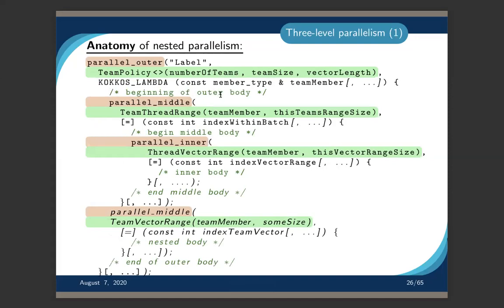Because you already have access to the thread ID itself. So that's legal. What you cannot do is have a team vector range inside a team thread range. You can't have a team thread range inside another team thread range. And all of these support parallel_for and parallel_reduce, and the thread vector range also does the parallel_scan. We are going to implement the parallel_scan for team thread range and team vector range too.